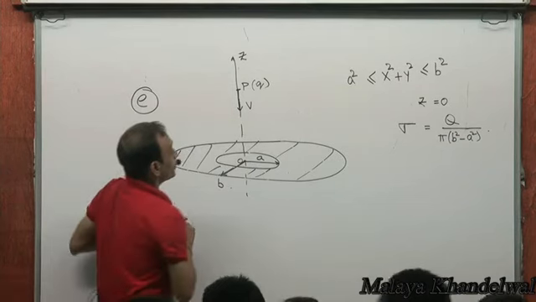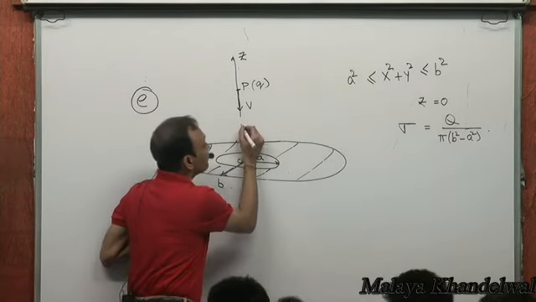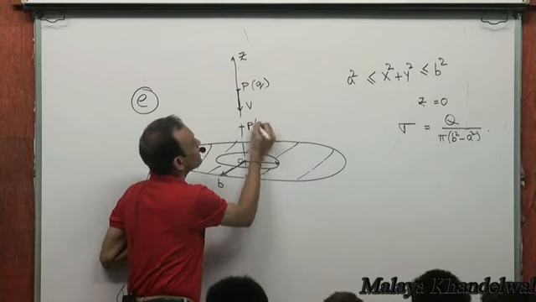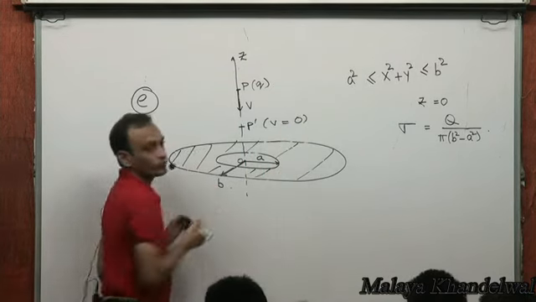Now, before reaching O, suppose it reaches the point P prime where the velocity becomes 0.